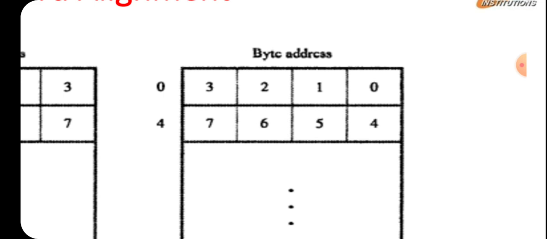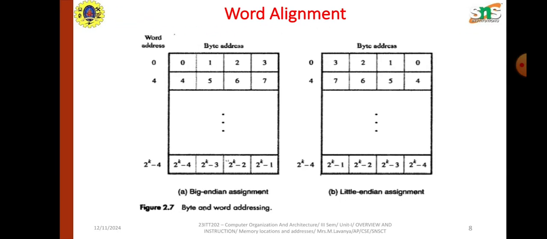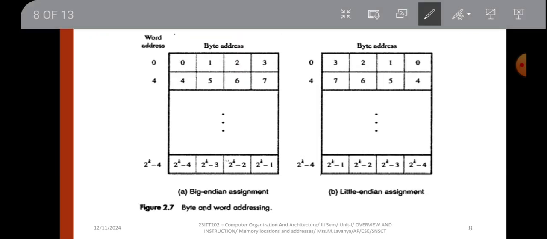If we say the same, Ajay is the word and it is getting stored, then the value A will be stored in location 0, J will be here, and again A will be here, and Y will be in this position. This is for little endian assignment.